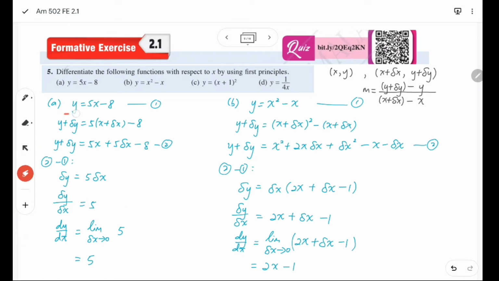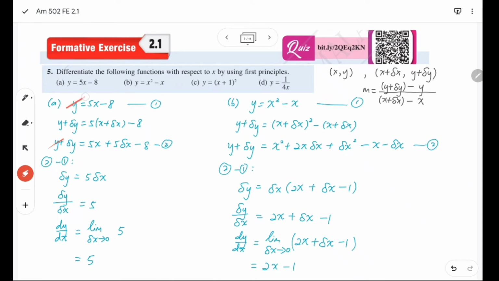So when y equals 5x minus 8, y is replaced by y plus del y, and x is replaced by x plus del x. We get y plus del y equals 5 times x plus del x minus 8. After expanding, we get y plus del y equals 5x plus 5 del x minus 8. Then we need to find the difference between the two equations, so we use the second equation minus the first.